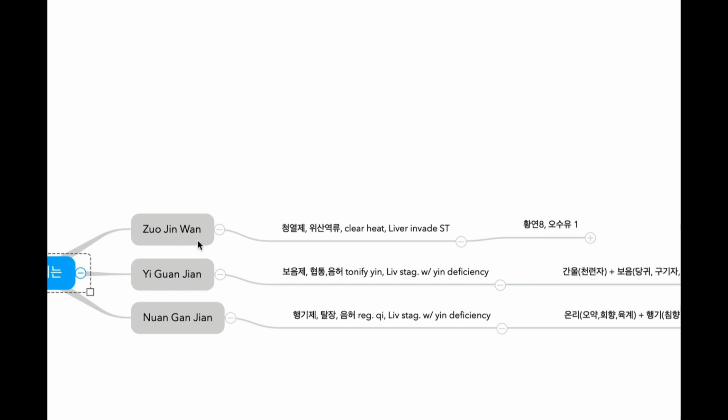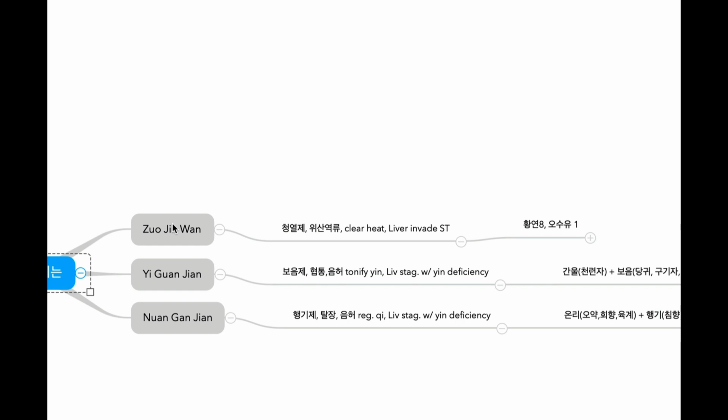And Zuojinwan is also used for acid reflux, and is also related to the liver. But actually there is no herb that treats the liver in Zuojinwan. The pathology is liver heat invading the stomach. There is a pathology behind it. And Jin here, metal, means dryness.